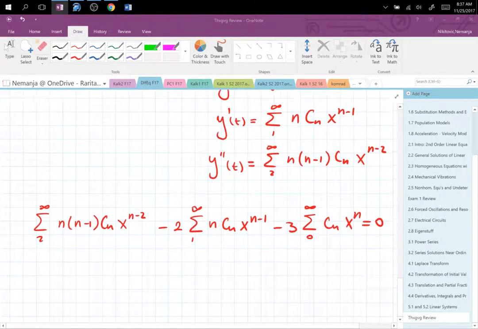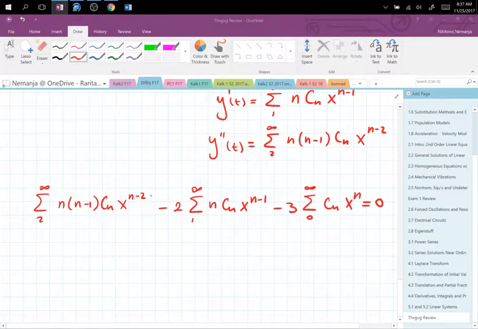So at this point I see that all the exponents and the counters actually match, which is great, because this one is 2 and 2, and then 1 and 1, and then 0 and 0. So because they all match, shifting the counter would be enough.